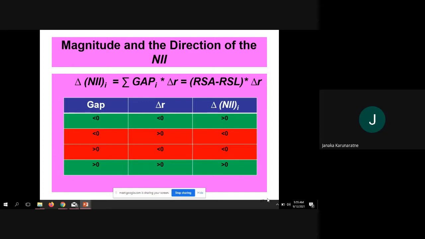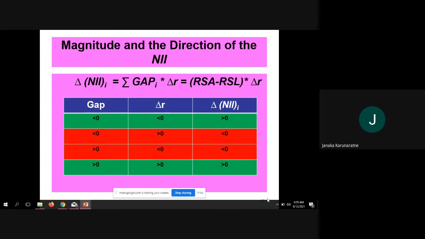Right. So gap is negative or less than 0 means you have more rate sensitive liabilities than rate sensitive assets, or rate sensitive assets are less than rate sensitive liabilities.